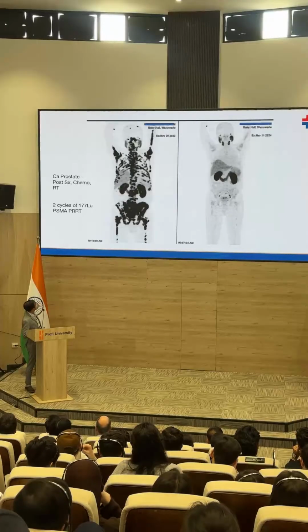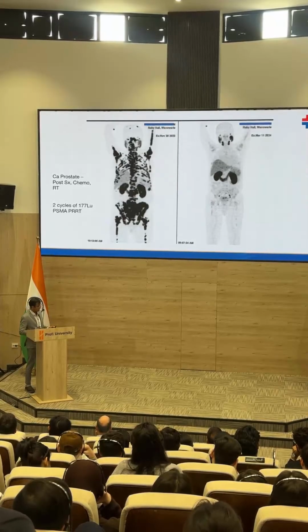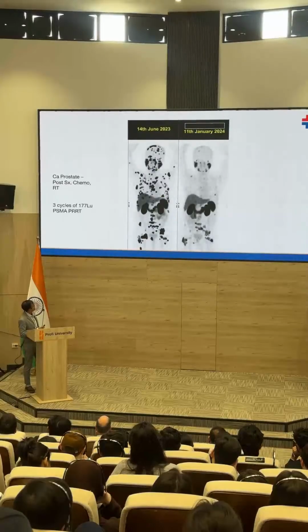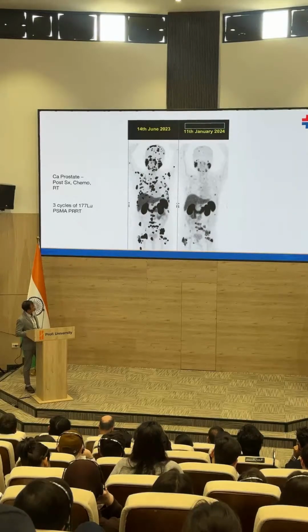So that is PSMA-PRRT, peptide receptor radionuclide therapy. So this is one case. This is just another one. Multiple metastasis in prostate, it's a small lesion, but multiple bones involved, multiple lymph nodes involved, almost everything cleared. So this is in prostate cancer.